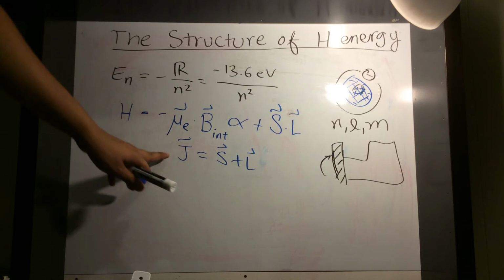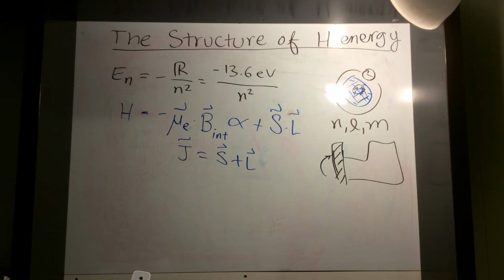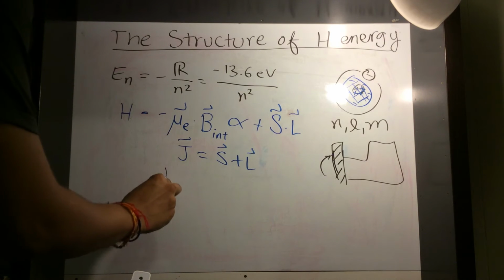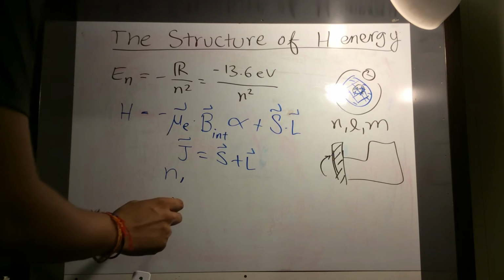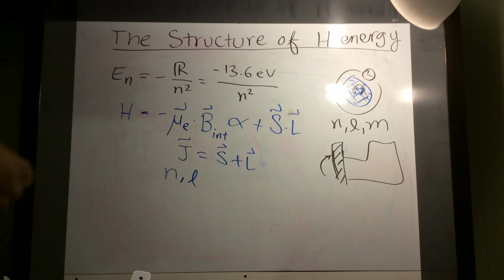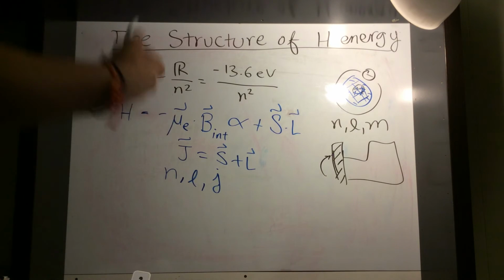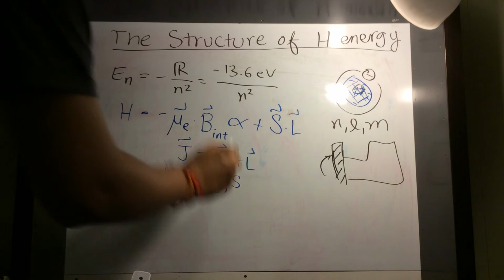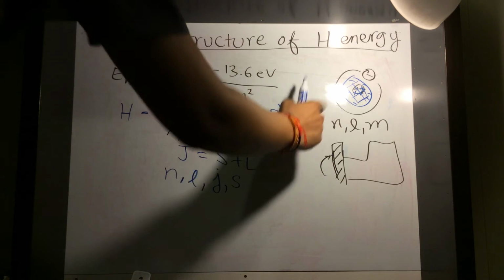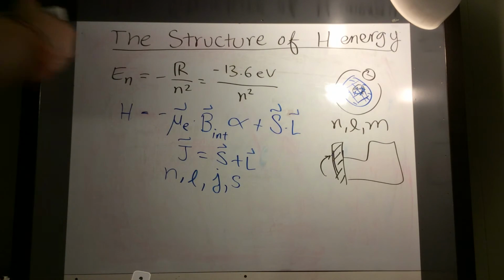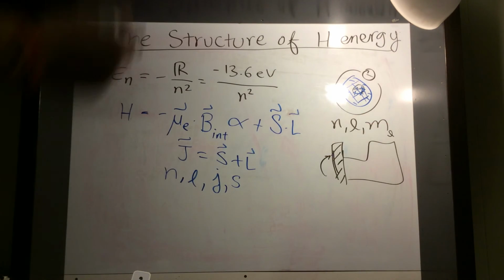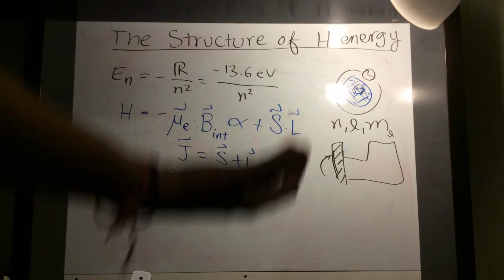So now you have a different set of quantum numbers. You have n, you have l, you can still know l, you can know J, which is S plus L. You can obviously know the spin, but in the previous case, you could know ML, which is the projection of L on the z-axis.